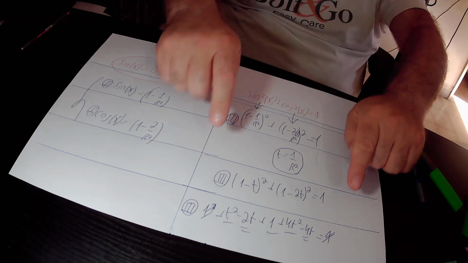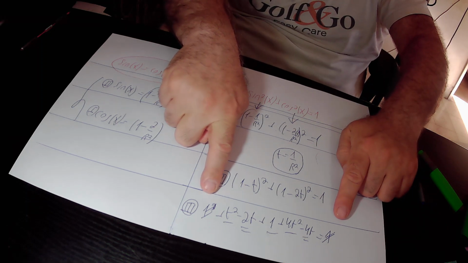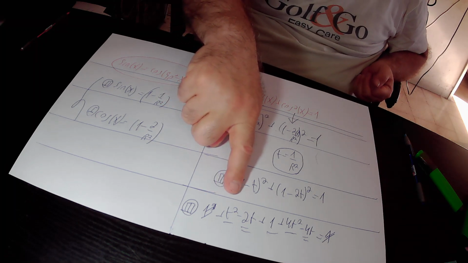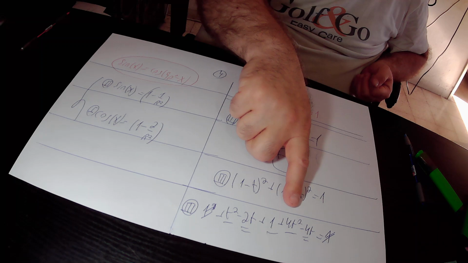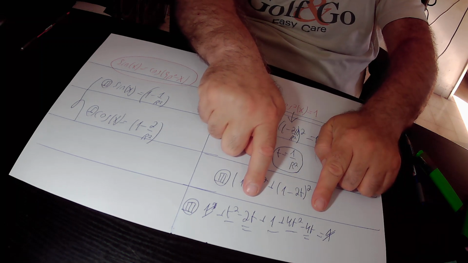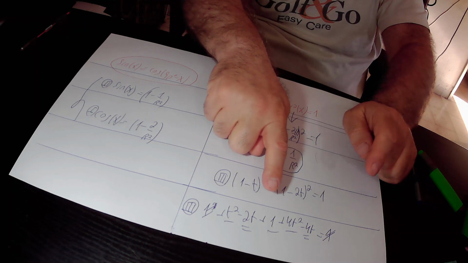So here we have 1 on both sides of equation 3, so the 1 gets cancelled. After we cancel 1, on the side of the equation we are left only with t squared plus 4t squared, which is 5t squared, and also minus 2t minus 4t is minus 6t, plus 1 equals 0.